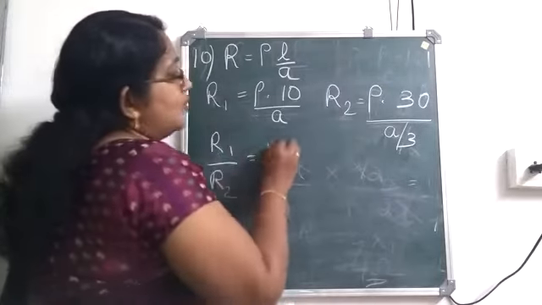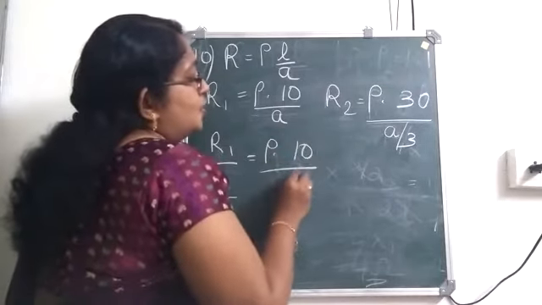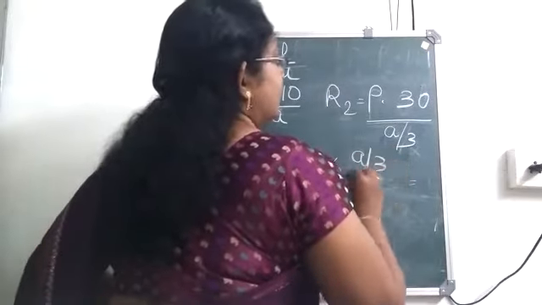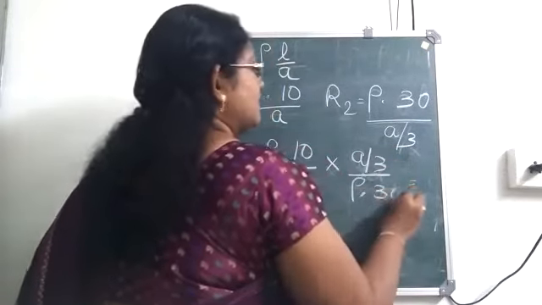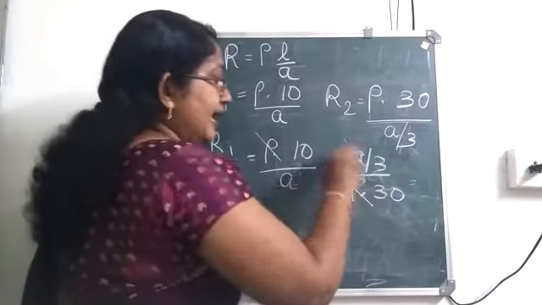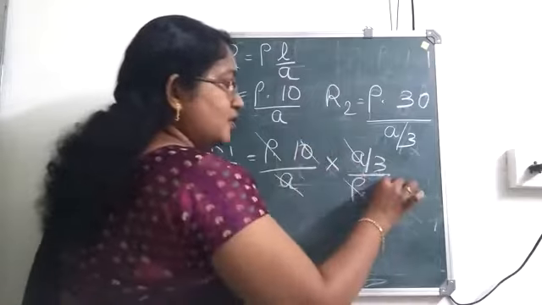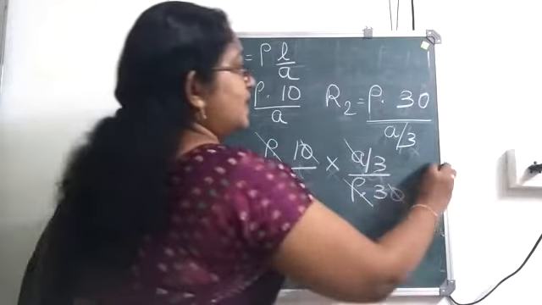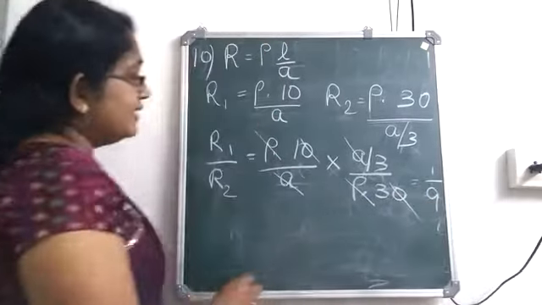R1 by R2 is equal to rho into 10 by A, into A by 3 by rho into 30. Rho and rho get cancelled, A and A get cancelled. 10 and 30, so how much? This is A by 3, so here you will be getting 1 by 9.